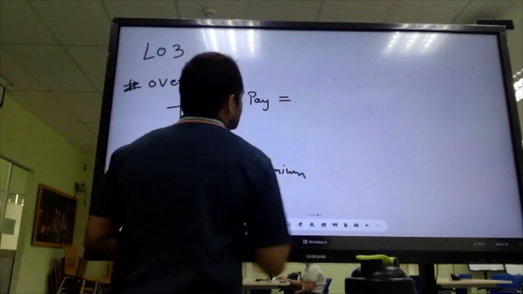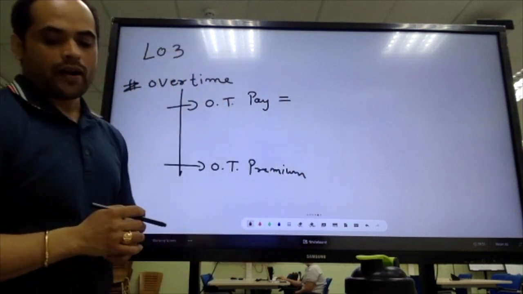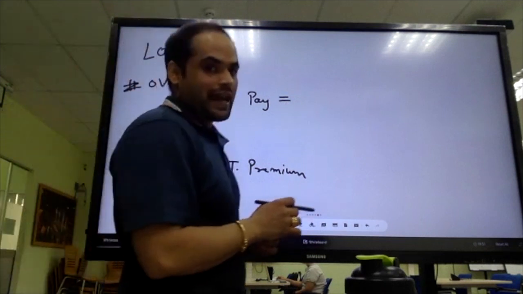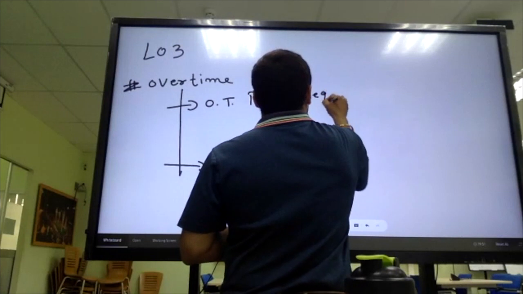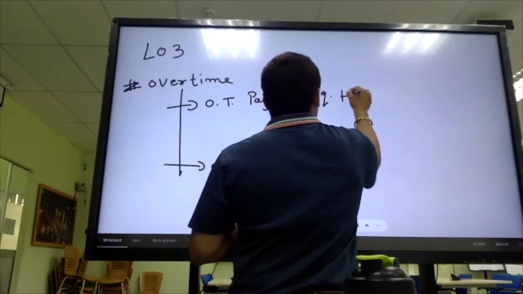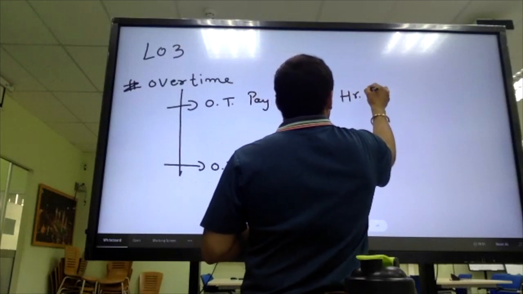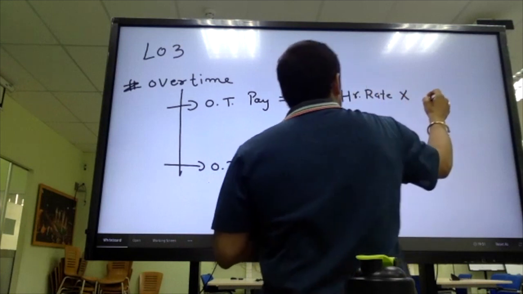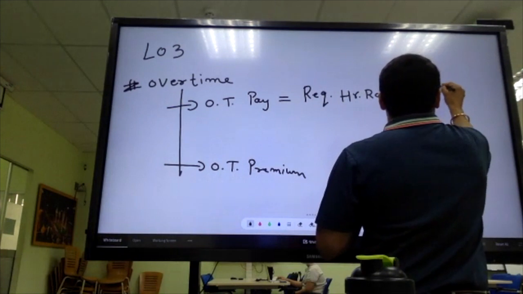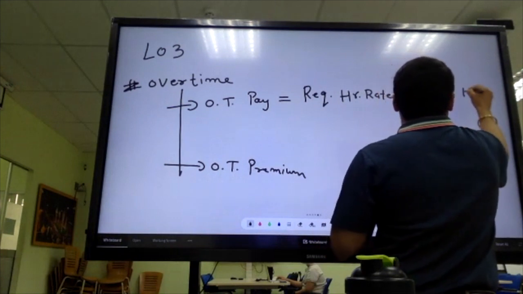Overtime pay is required hour rate multiplied by extra hours.